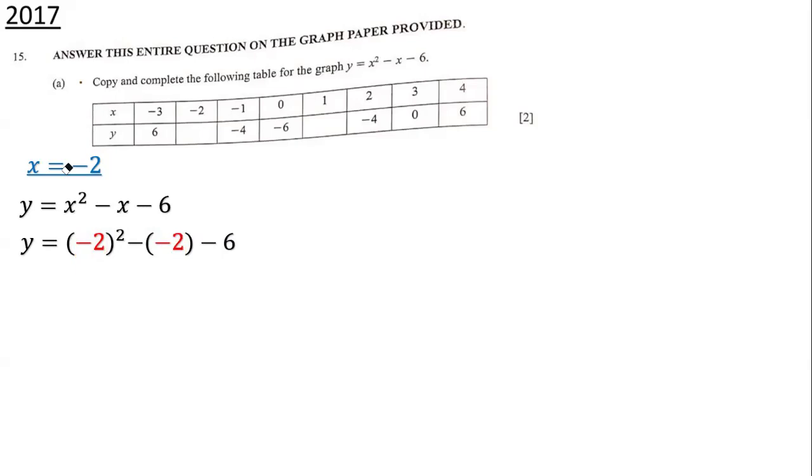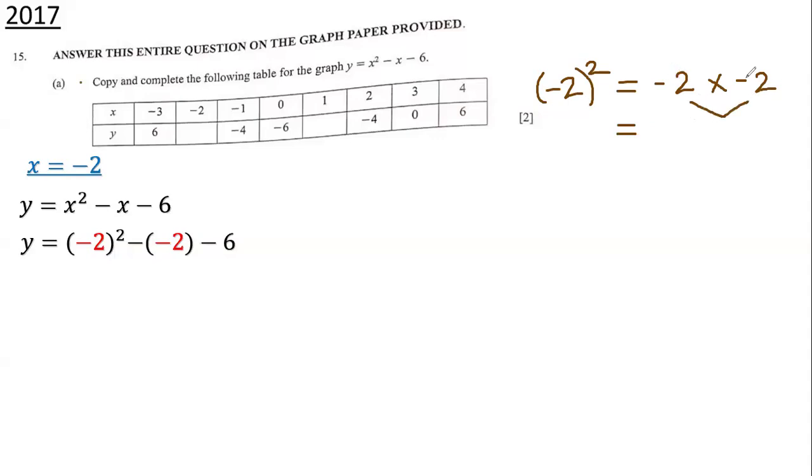Okay, so now after we have done this, we have -2 squared. Now what is -2 squared for the smart people? 4. -2 times -2 equals what?